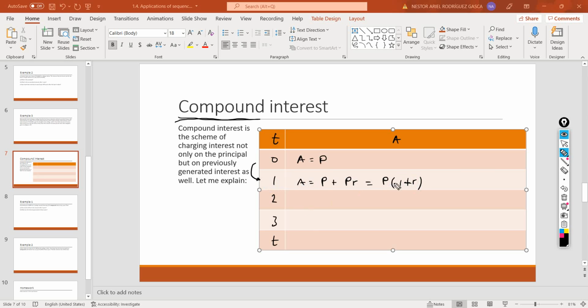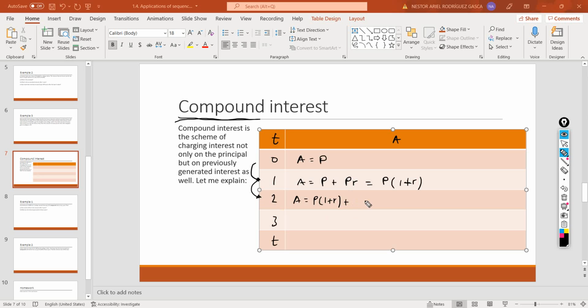So far, it's basically the same as with simple interest. But now you're going to see something different when we move from year 1 to year 2. Another year goes by, and the accumulated amount is going to be equal to the previous accumulated amount, which is this much. So I need to put it once again in here, right? Plus the interest generated from year 1 to year 2. I'm going to have to put in here the newly generated interest.